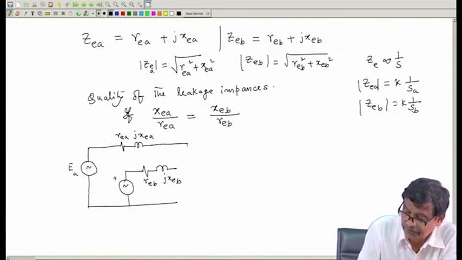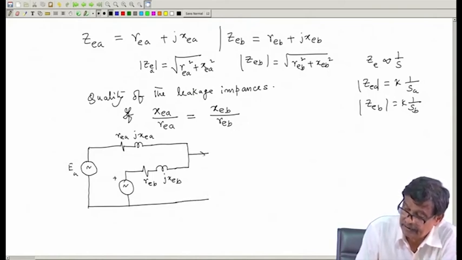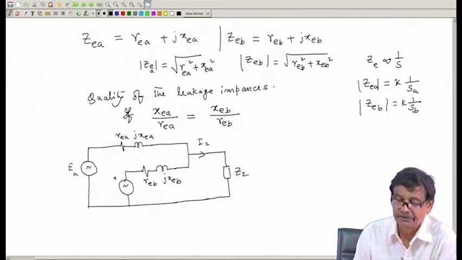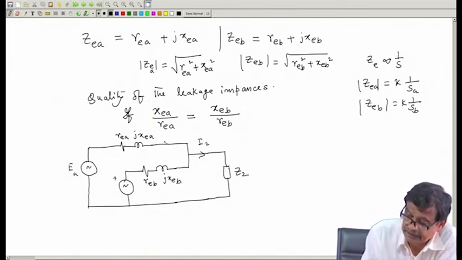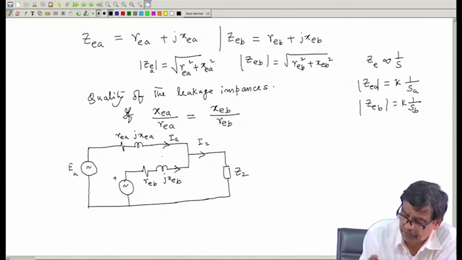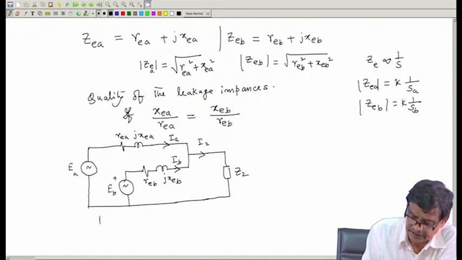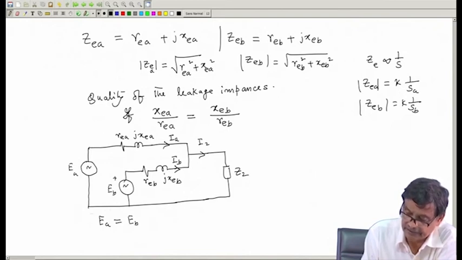This is the equivalent circuit referred to the secondary side of both the transformers, and this is your I2, and here is your secondary load, this is Z2. These are all phasors; I am not putting bar, and magnitudes I will put with the modulus sign, IB. And let us assume that EA is equal to EB, that is the case we are studying. These two phasors are the same.